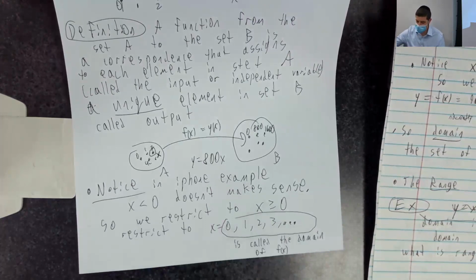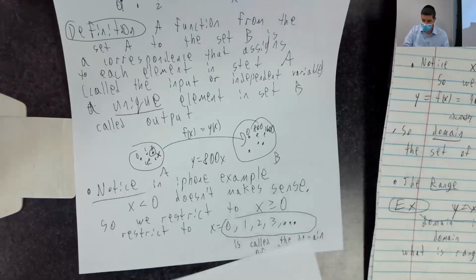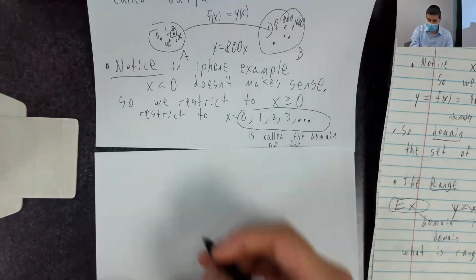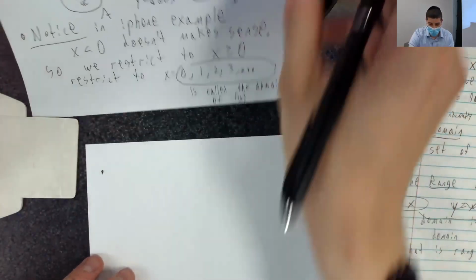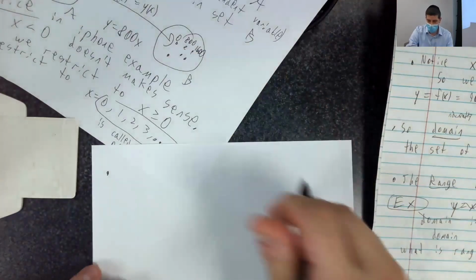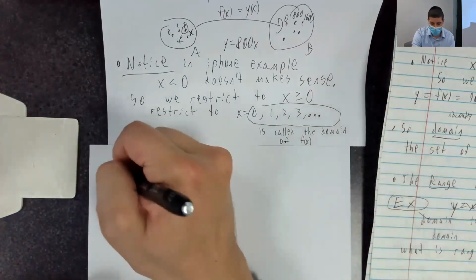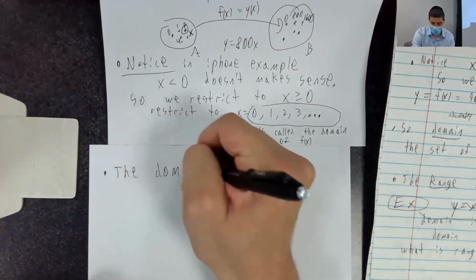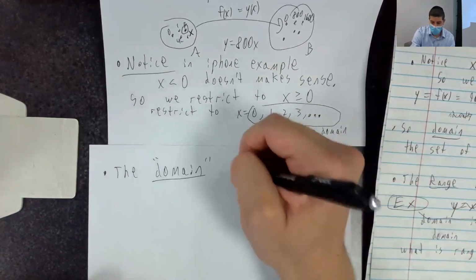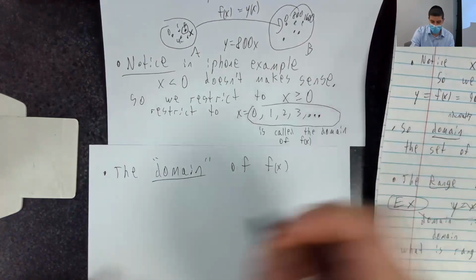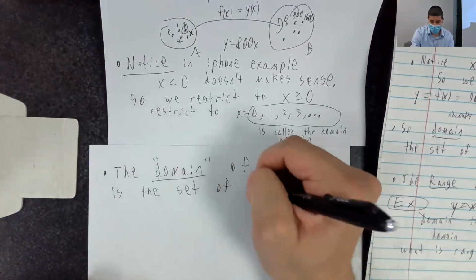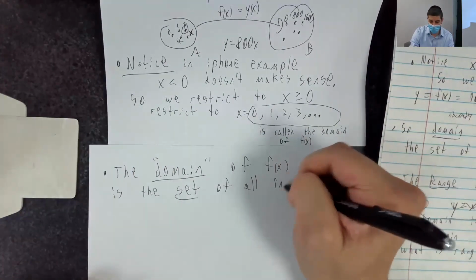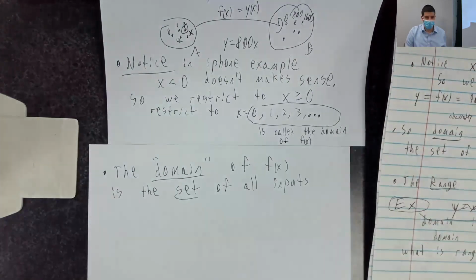So let me write that down. The domain of f of x is the set of all inputs. You see how the domain is x values, things that we could plug in.